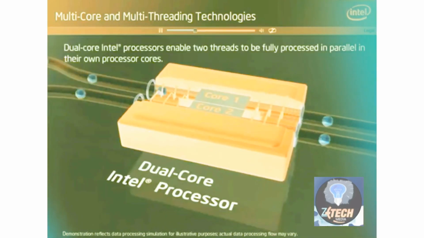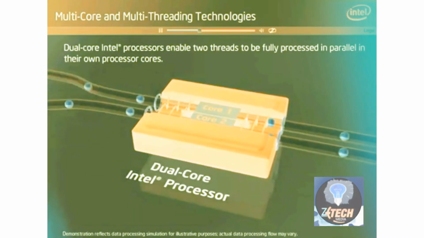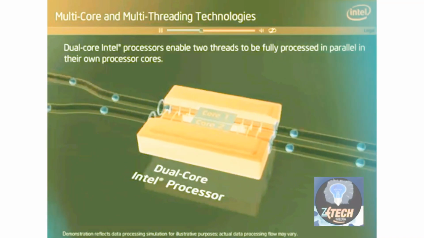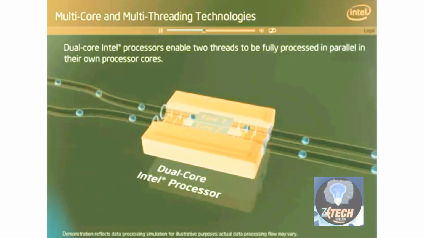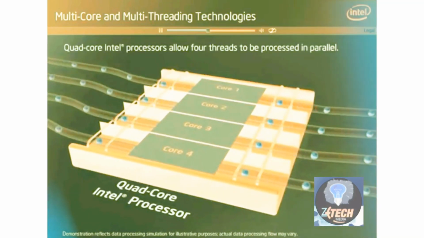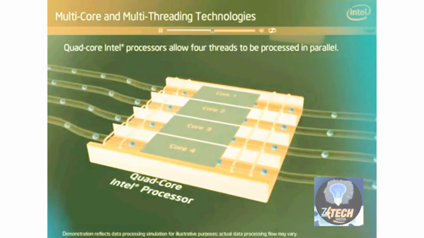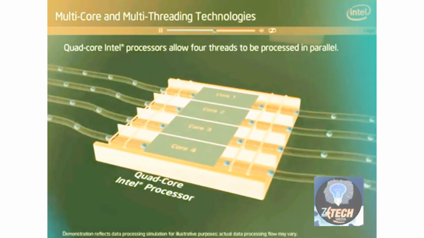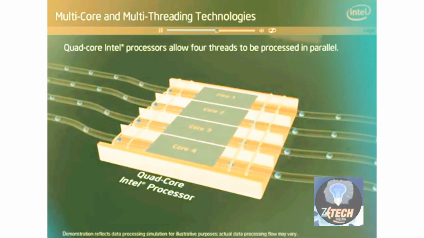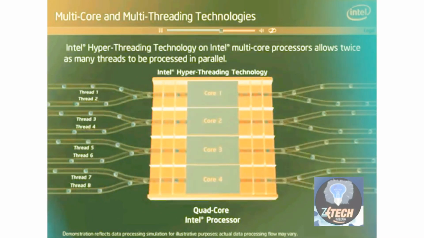As you can see on the screen, if your processor is a dual core, it becomes 4 cores, and that way you can increase the computer's performance. This technology was first launched by Intel. Now this is a quad-core processor, which means it has 4 cores, and logically you can make it an 8-core processor, doubling the size of the processor you have virtually.